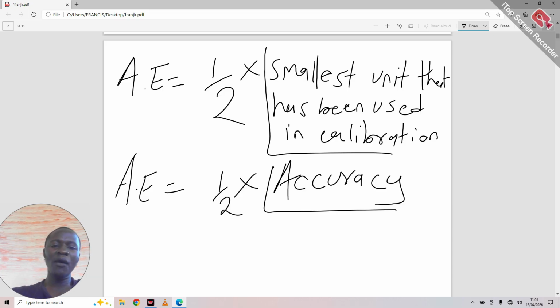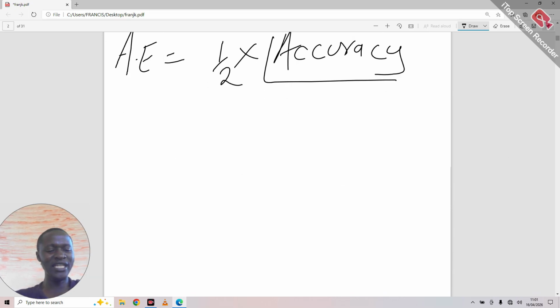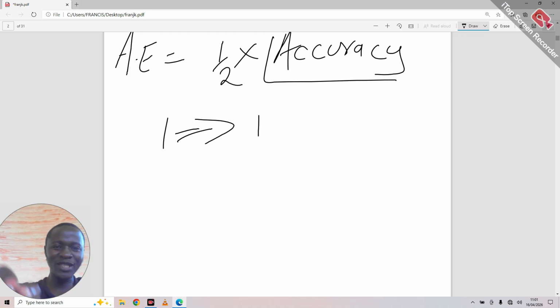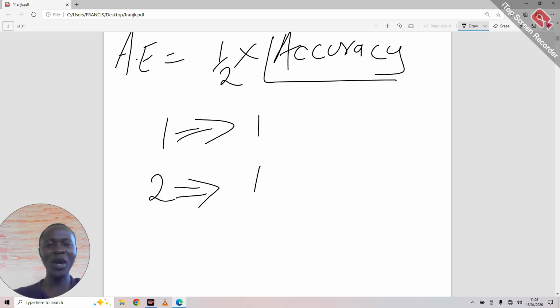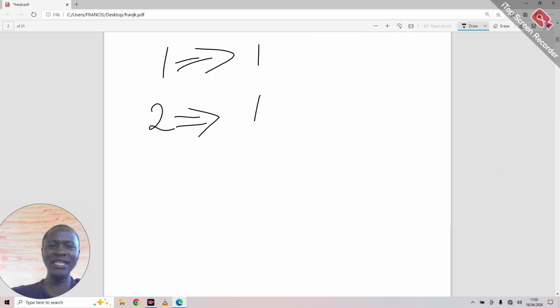Now, what is the accuracy in a number? For example, what is the accuracy in 1? The accuracy is 1. What about 2? It is 1. What about 3? It is 1.